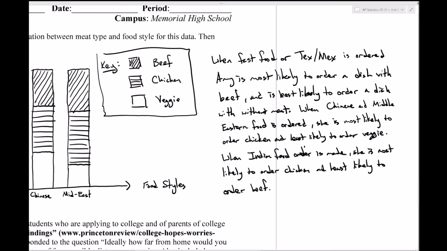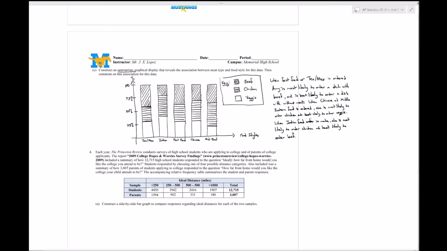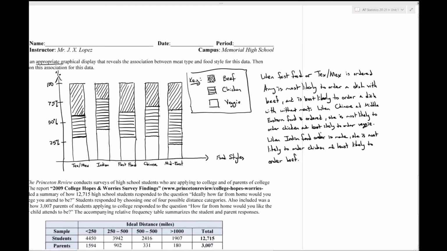And there we've described the distribution of meat type for every single food style. And we've lumped together the ones that were like each other categorically. They shared the same most likely and the same least likely. Or they had the same ranking scheme, basically.